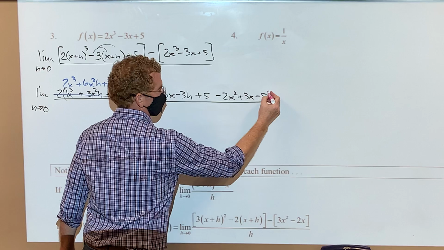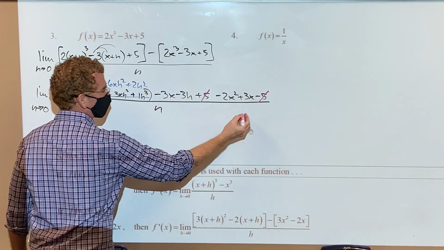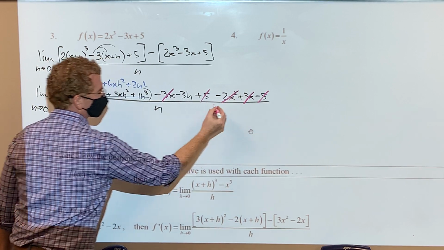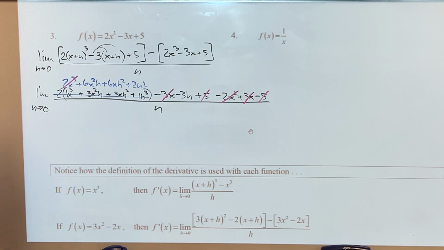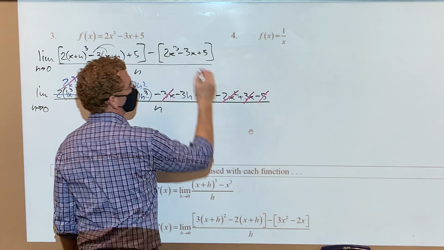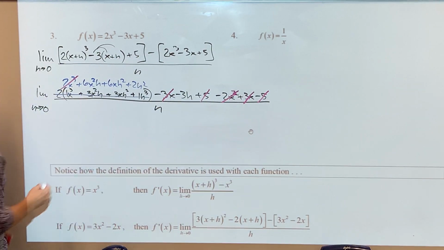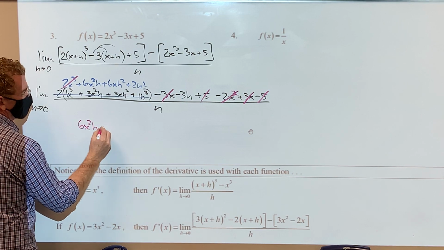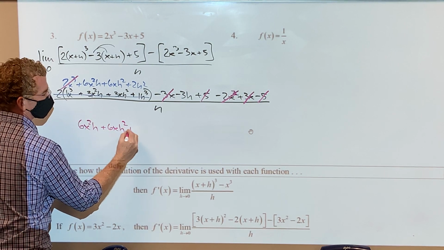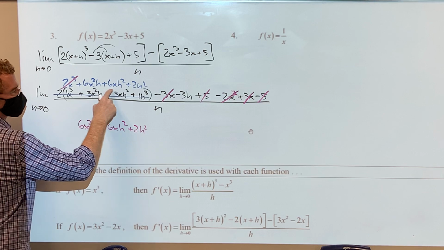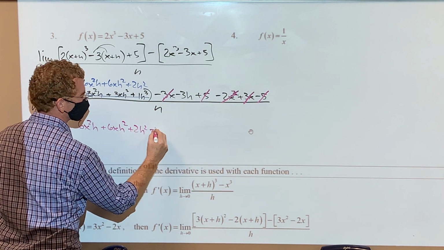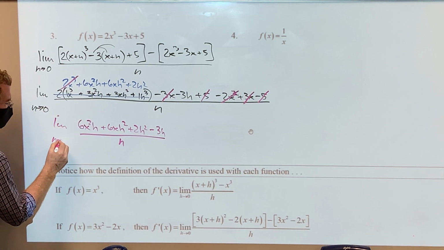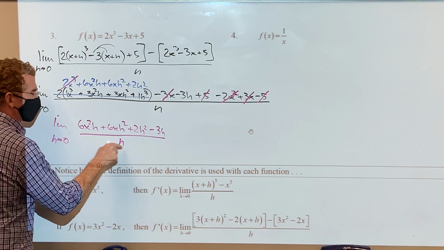Everything but the h. -5, +5, positive 3x, -3x, -2x cubed, positive 2x cubed. What should be left over? Only terms that have an h. Those 3 have h's and that one. And if it only has an h, what are you allowed to do now? Cancel some stuff. Cancel that h with one of those.